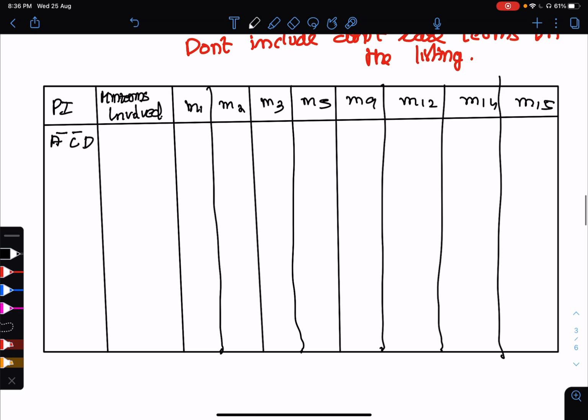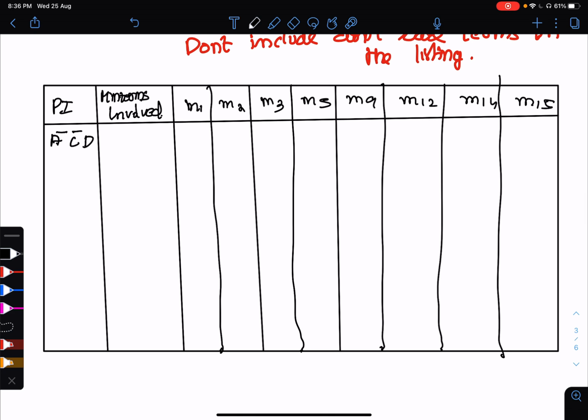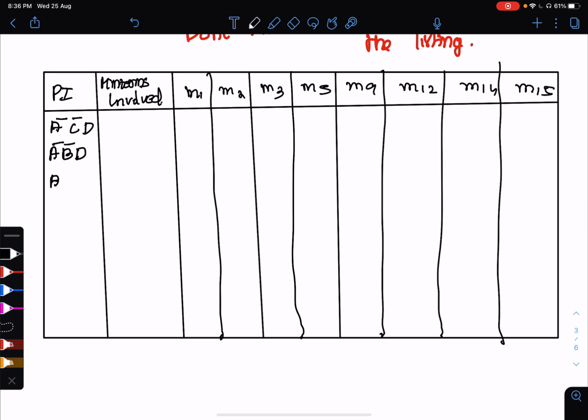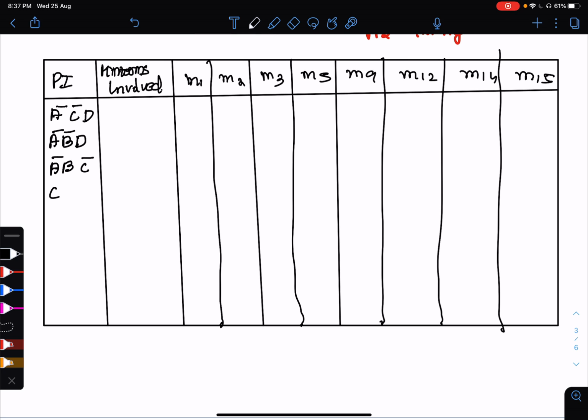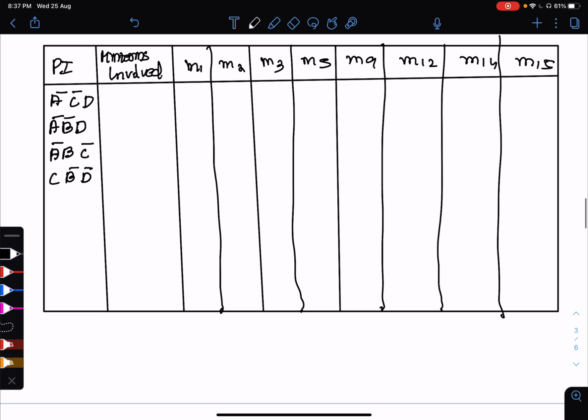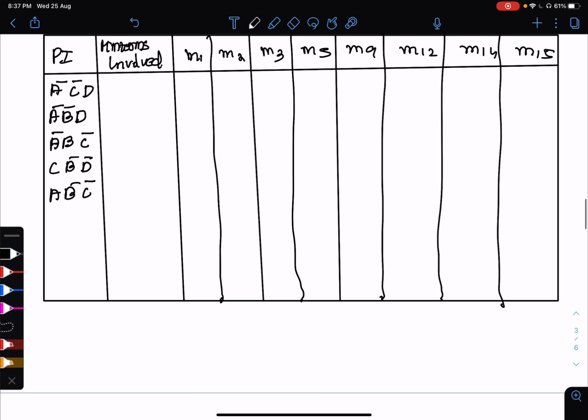So here the next prime implicant I am writing down. Okay, you can pause and write down. Then next one is A dash B dash D, A dash B C dash, B C dash D dash, then A B dash C dash, then A C dash D dash.